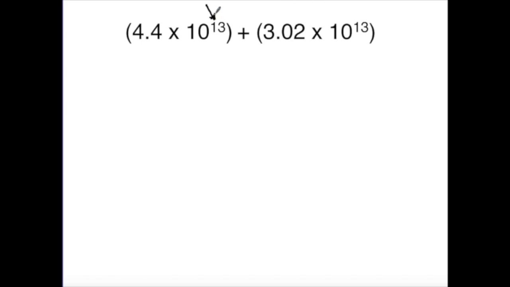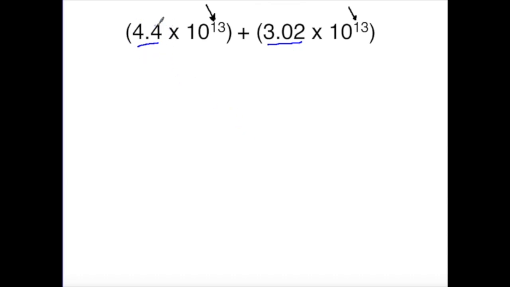So let's take a look here. The power of 10 in the first part is 13. The power of 10 in the second is also 13. So we can start and just add because they both have the same power of 10. So we'll start by doing 4.4 plus 3.02.